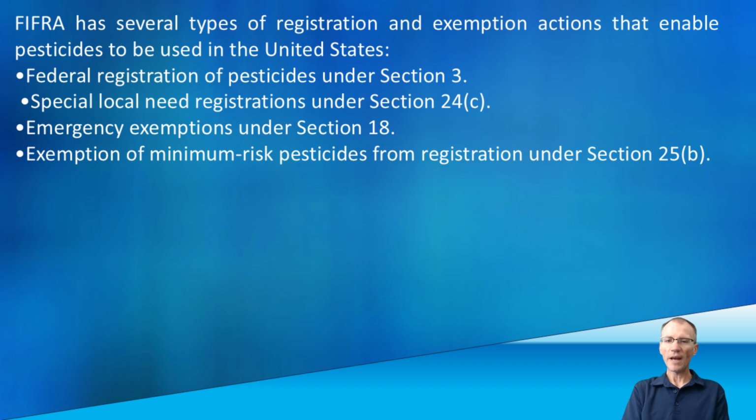FIFRA has several types of registration and exemption actions that enable pesticides to be used in the United States. Federal registration of pesticides under Section 3, special local need registrations under Section 24C, emergency exemptions under Section 18, exemption of minimum risk pesticides from registration under Section 25B.